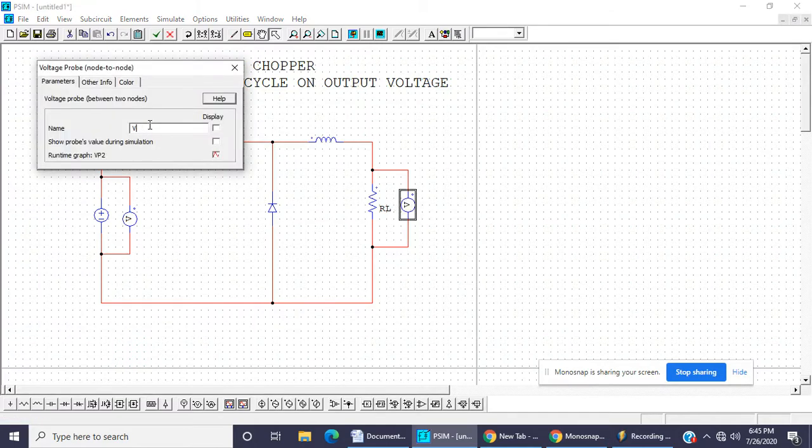This one is V output voltage and this one is V input voltage.